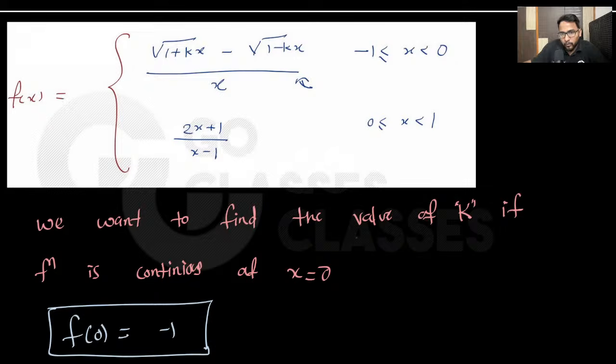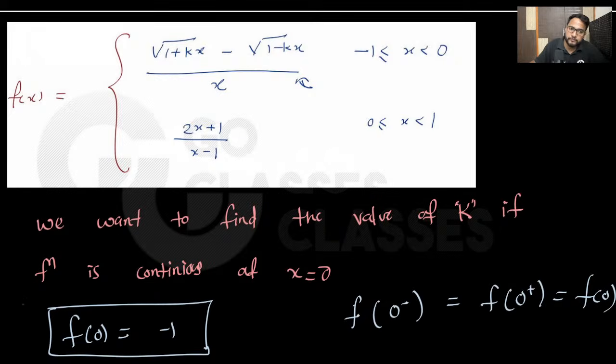Now let's just find out what is f of 0 minus, and what is f of 0 plus. See, these three quantities must be the same for the function to be continuous. Now f of 0 is coming out to be minus 1. Can anyone tell me what is f of 0 plus?